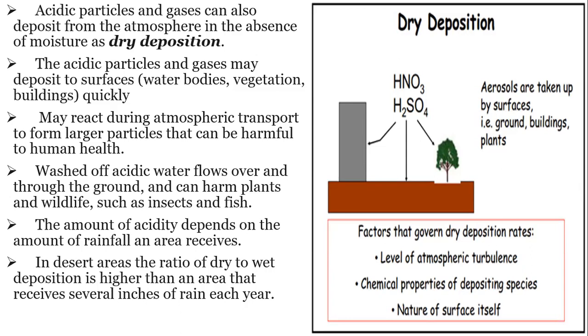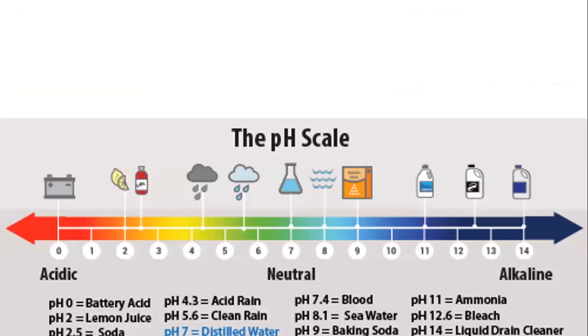Now let's see, how do we measure acid rain? We measure it in terms of the pH scale that we are seeing here. So 0 to 7 is acidic up to neutral, and anything more than 7 up to 14 we normally call alkaline.